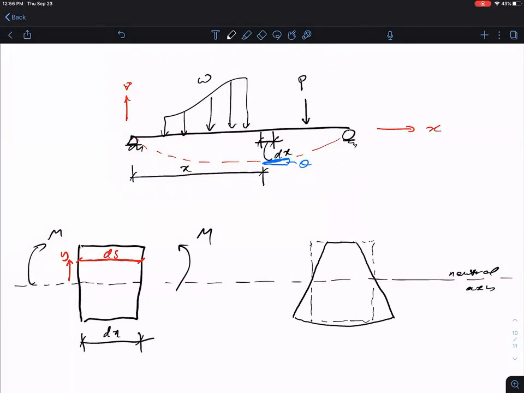Now, we're making the assumption here that plane sections remain plane. And after the segment has been deformed by the internal bending moment M, the angle between those two cross sections, which were originally parallel to each other, we'll now call d theta.